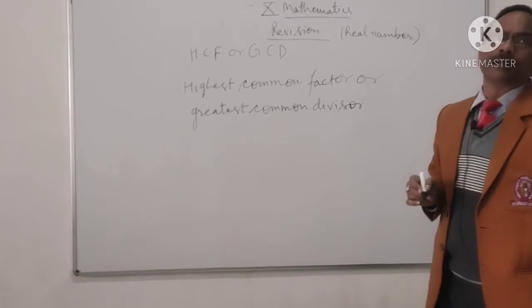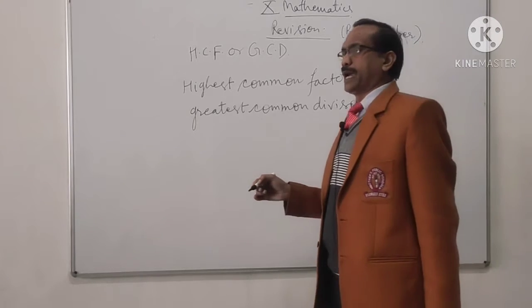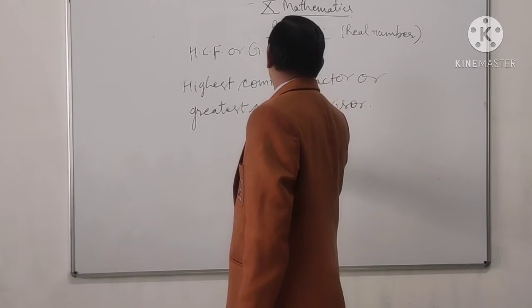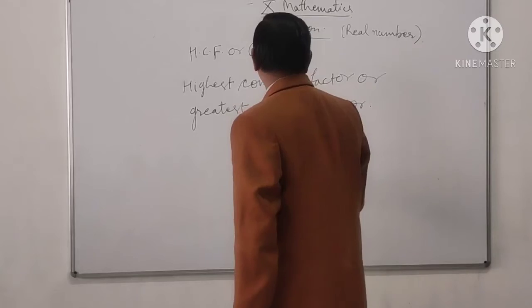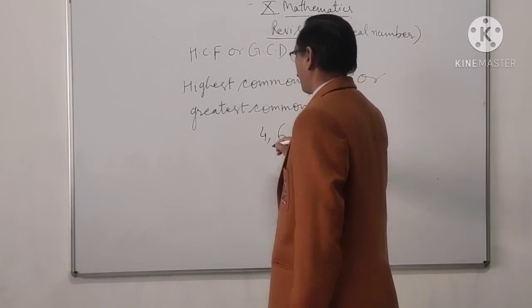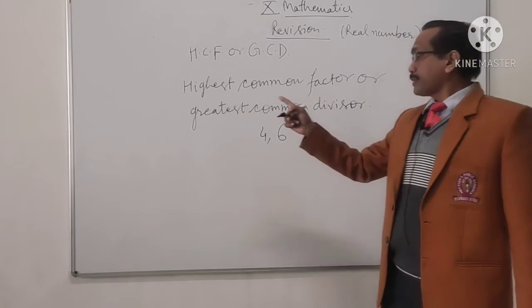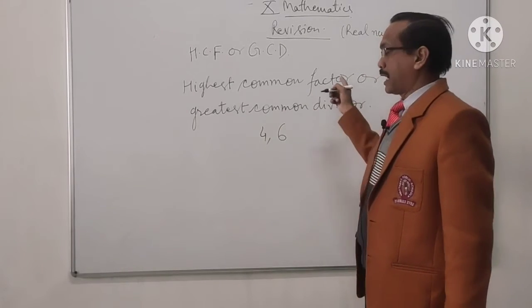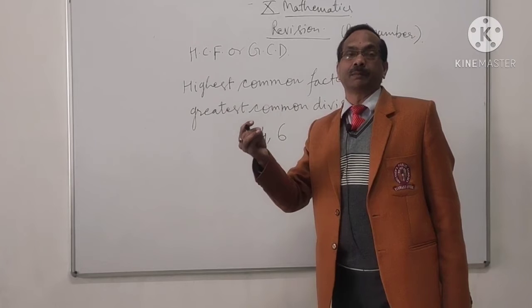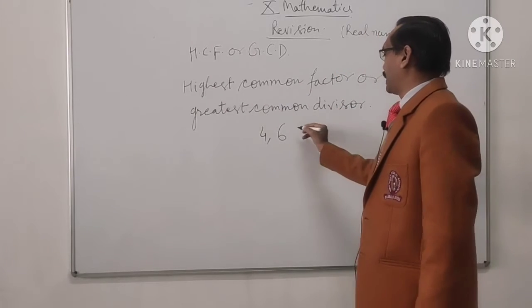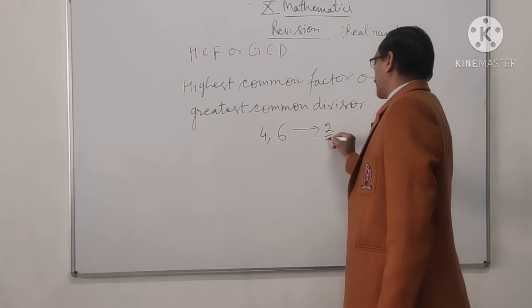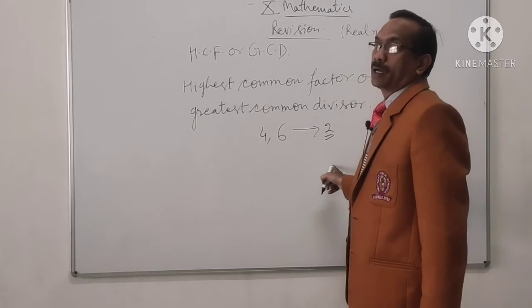Students, if we take two numbers like 4 and 6, then we find the highest common factor, the largest number which divides both the numbers. So it will be 2. There is a number 2 which divides both the numbers.